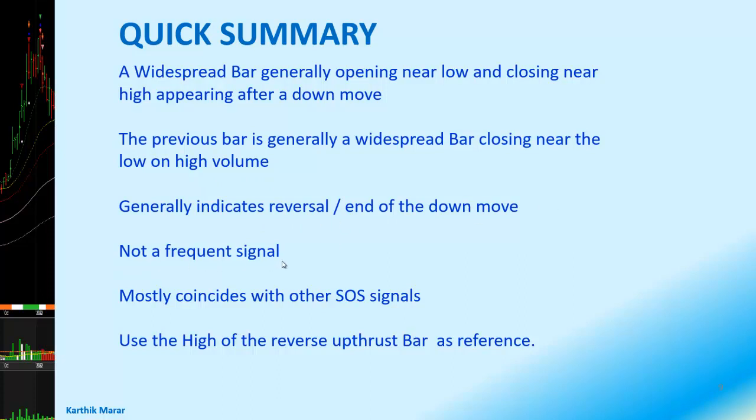It is not a frequent signal, and this mostly coincides with other SOS signals, and you would see multiple SOS signals on the same bar confirming the strength. Use of the high of the reverse Upthrust bar as a reference helps us to gauge further moves and plan our trading strategies. With this, we come to the end of this video.